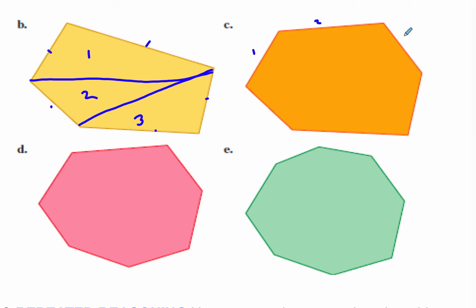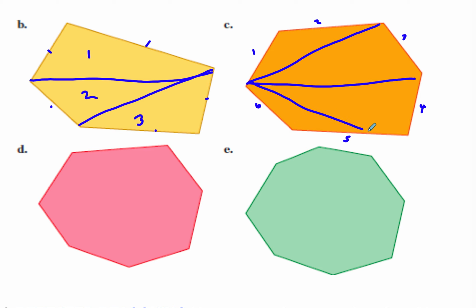This one had 6 sides, and if I split it into triangles, and we're going to just pretend that's a straight line over there, 6 sides, 4 triangles. So I take 4 times 180 to get the total number of degrees.